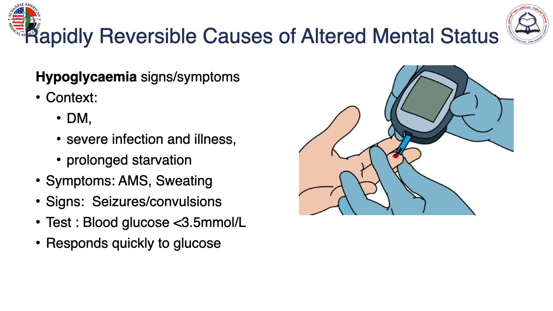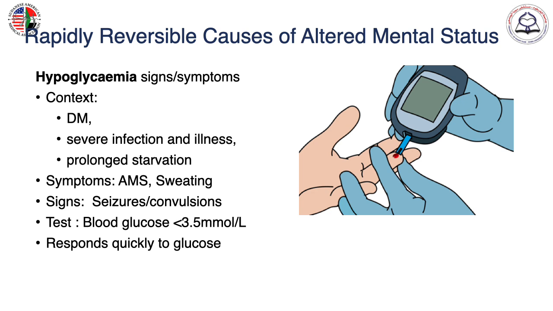Possible causes are hypoglycemia. It can happen in the context of diabetes, severe infection and illness like severe sepsis, and also prolonged starvation. You get symptoms and signs of sympathetic surge: tachycardia, tachypnea, sweating, and feeling hungry, and then a patient can go to irritability, confusion, and sometimes coma, and some of them might develop seizure.